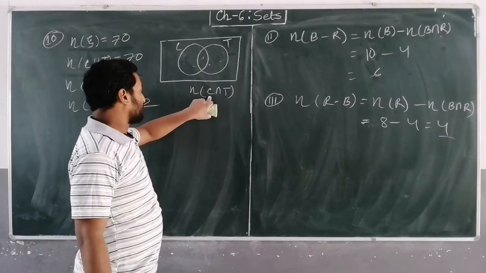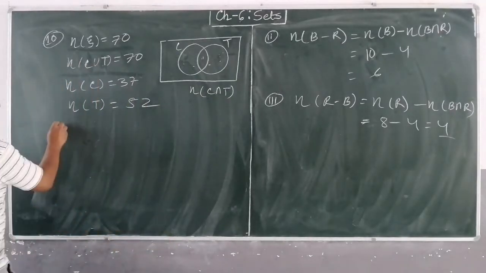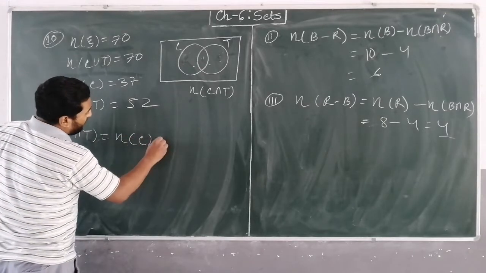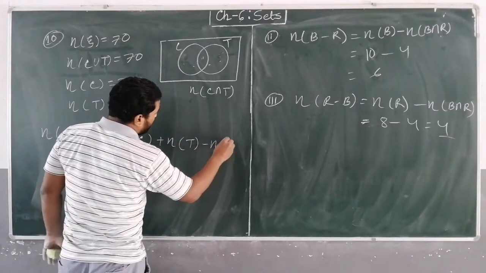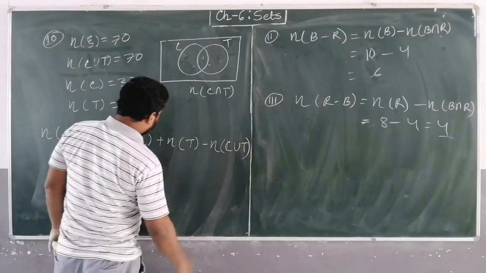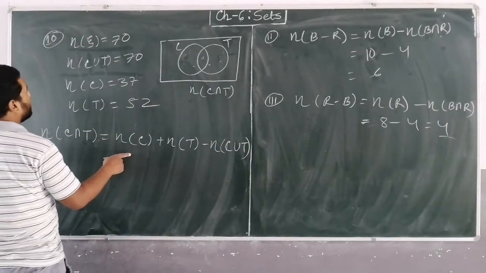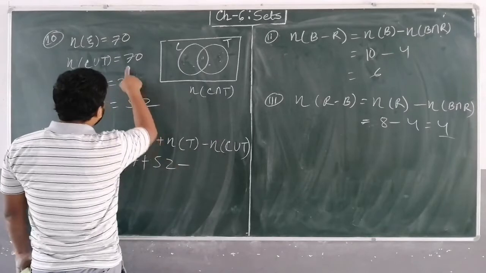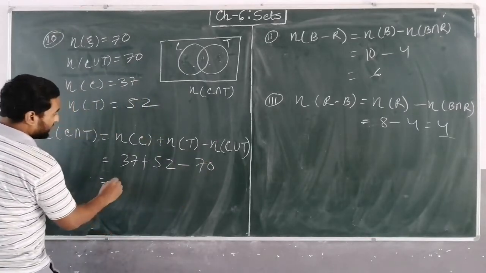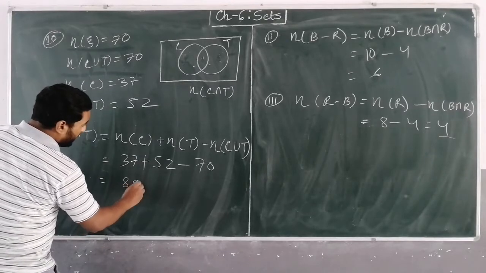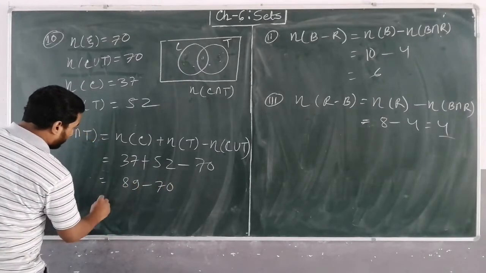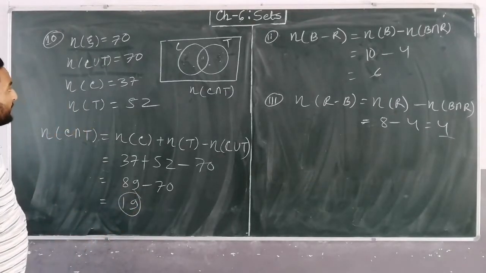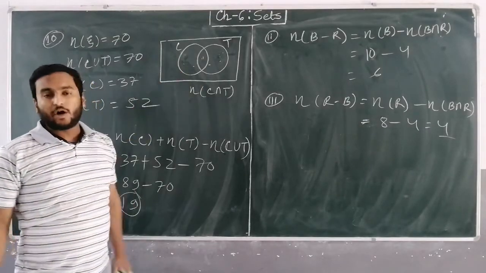So cardinality of C intersection T equals cardinality of C plus cardinality of T minus cardinality of C union T. That equals 37 plus 52 minus 70, which is 89 minus 70. So this will be equal to 19. So 19 people like tea and coffee both.